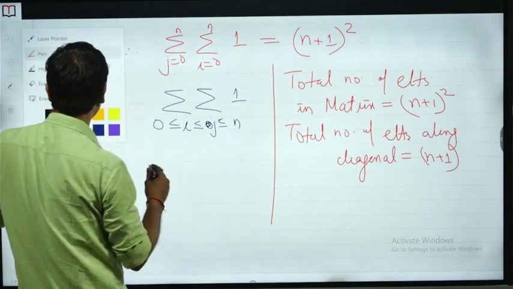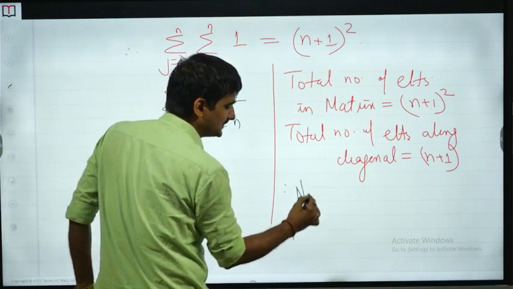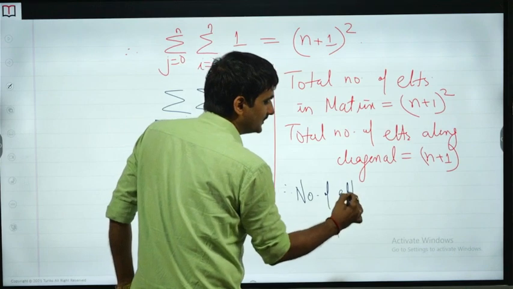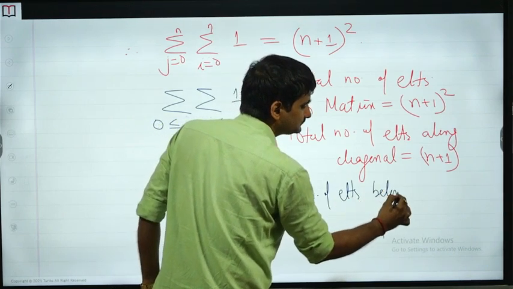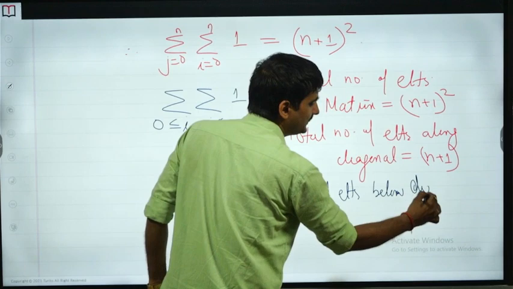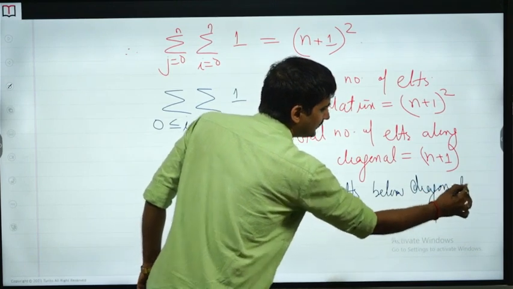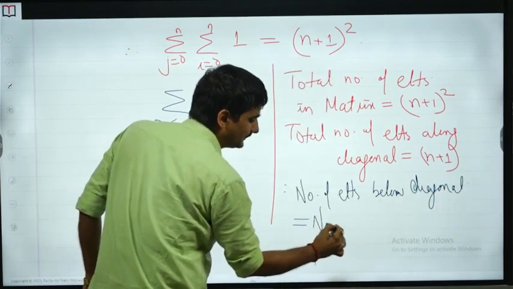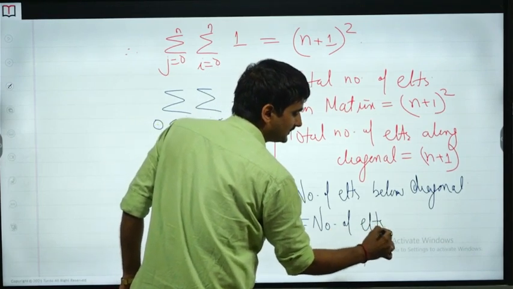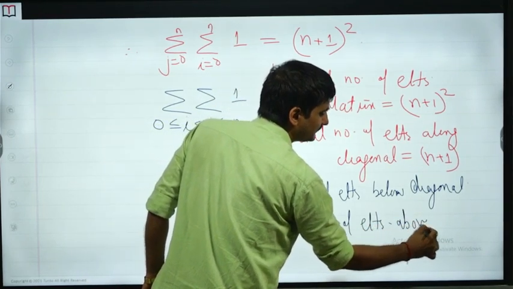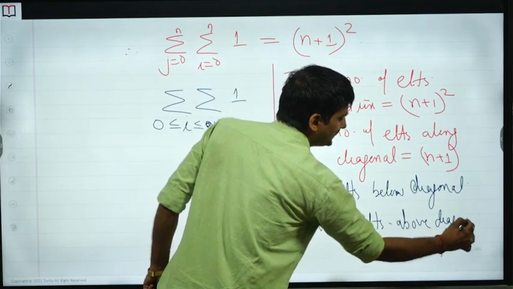So therefore the number of elements below the diagonal, how many will they be? It is equal to the number of elements above the diagonal, isn't that so? It's a square matrix, bachcho. And how many will they be?